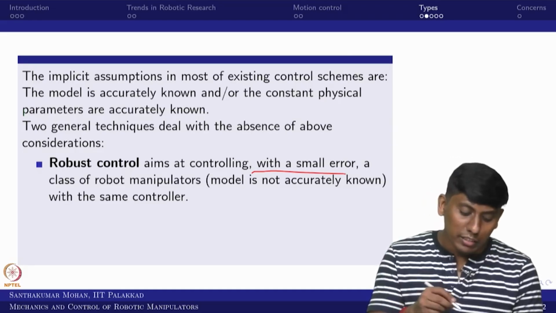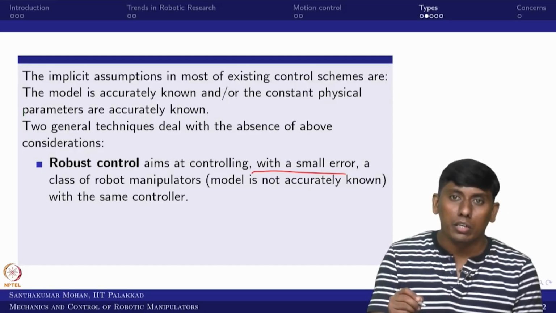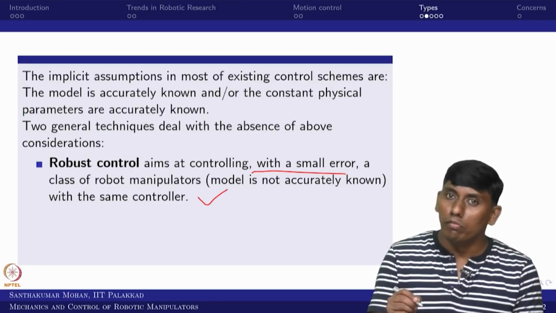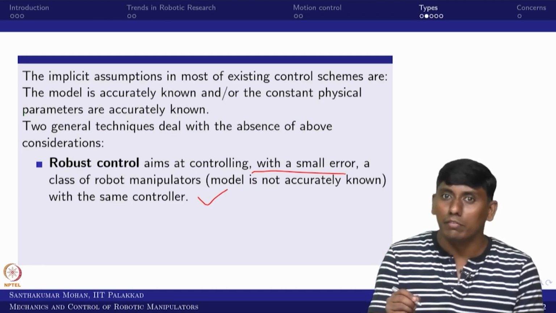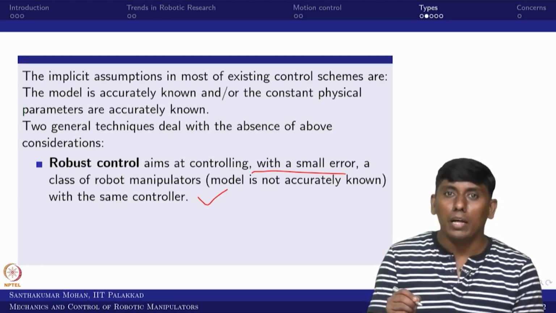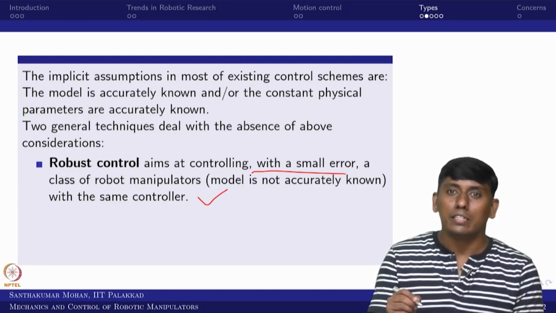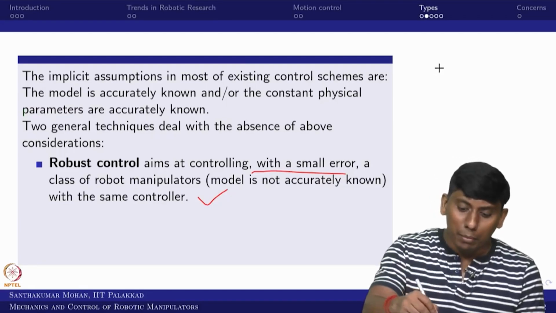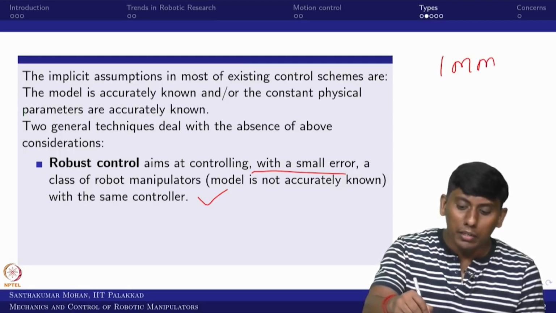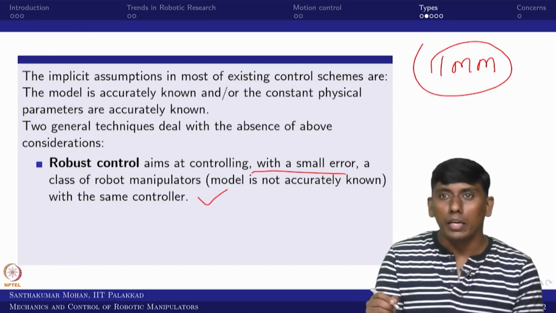So in that sense this is what you call robust control. The robust control is, as I already said, an overwhelming, or high control activity control. One of the popular robust controls is sliding mode control. Even this robust control has another impact. For example, you assume that 1 millimeter is the threshold.